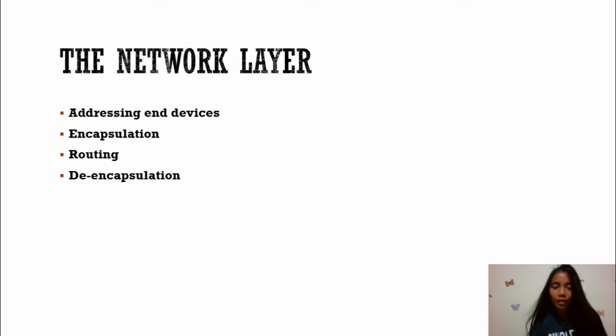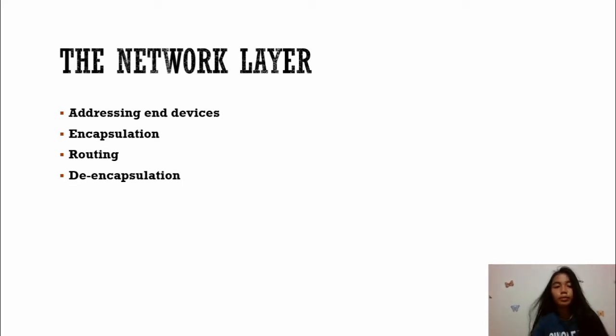If the destination IP address within the header matches its own IP address, the IP header is removed from the packet. After the packet is de-encapsulated by the network layer, the resulting layer 4 PDU is passed up to the appropriate service at the transport layer.